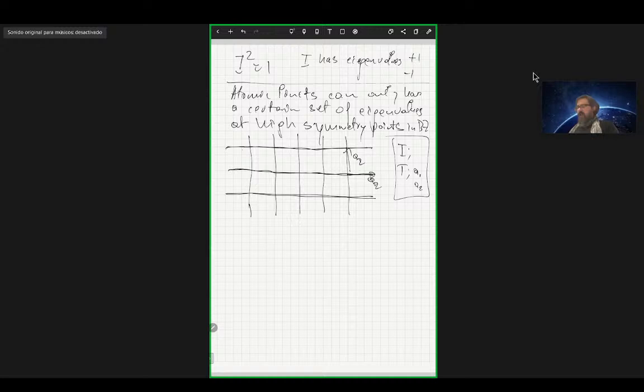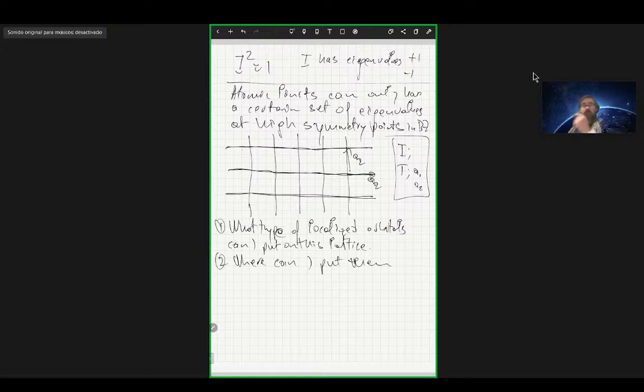Okay, so I'm going to ask what type of localized orbitals can I put on the lattice, and where can I put them? Well, the answer to question number 2 is I can put them anywhere I want to, right?